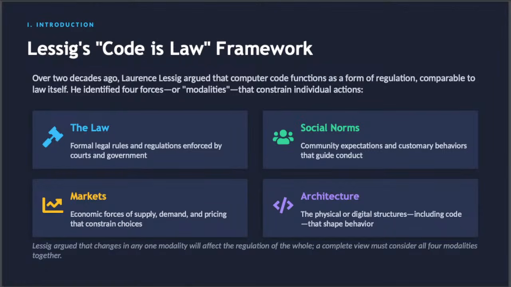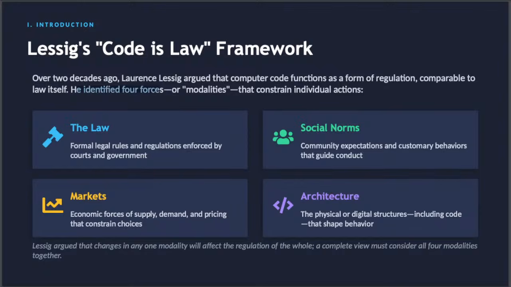as we go along. Let's get started here with our introduction, starting with Lessig's Code is Law framework. So this is over 2 decades ago, and this text is from 2022. And over 2 decades ago, Lawrence Lessig argued that computer code functions as a form of regulation comparable to law itself.